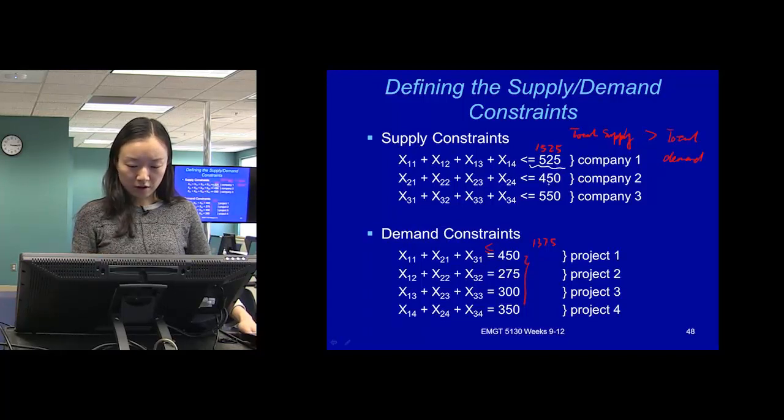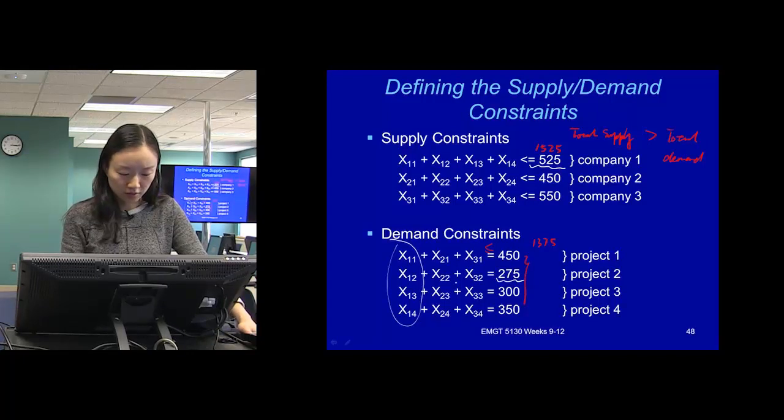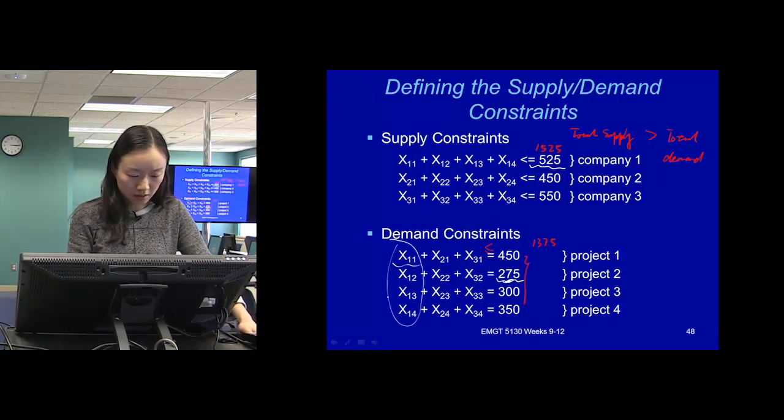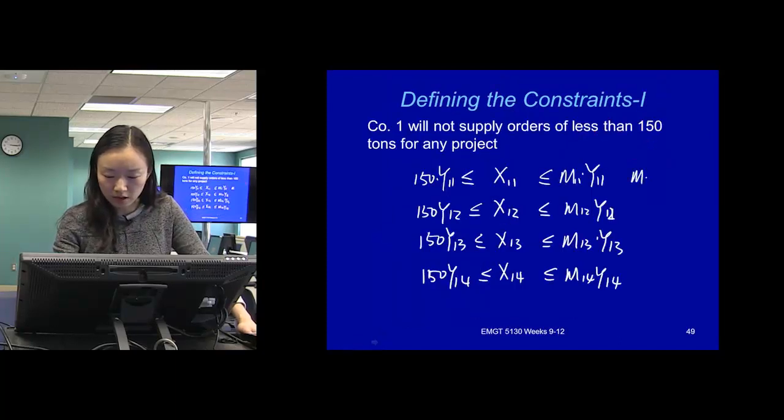One value is 525, and the other value you will look at like these ones, assuming these are 0. The minimum one is 275. We are talking about X11 only. X11's maximum value is what? 450, right? So M11 equals 450.